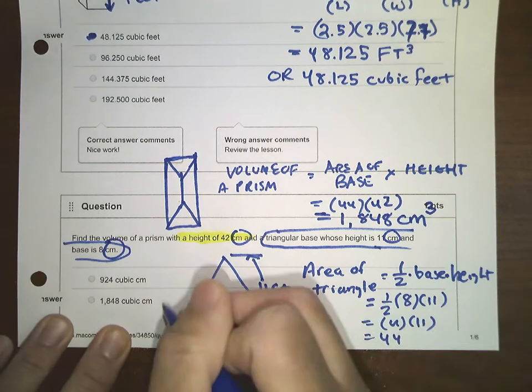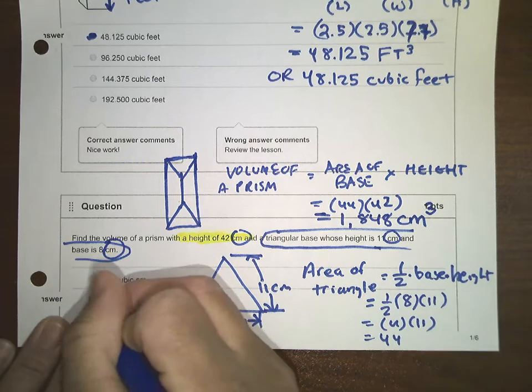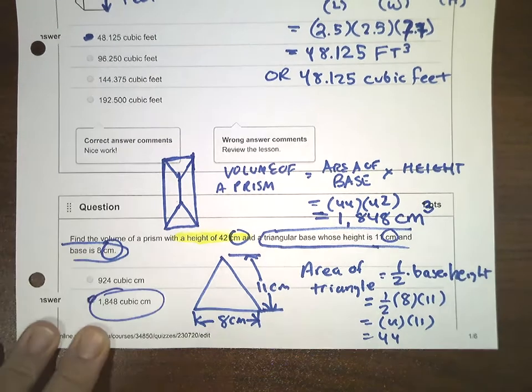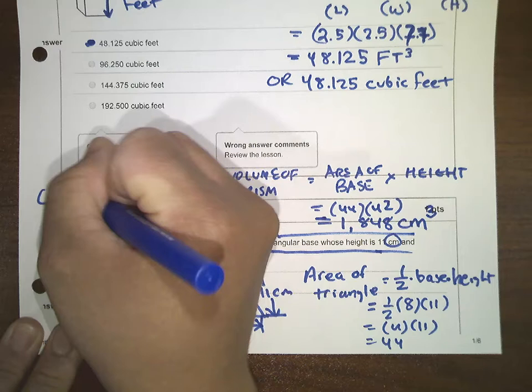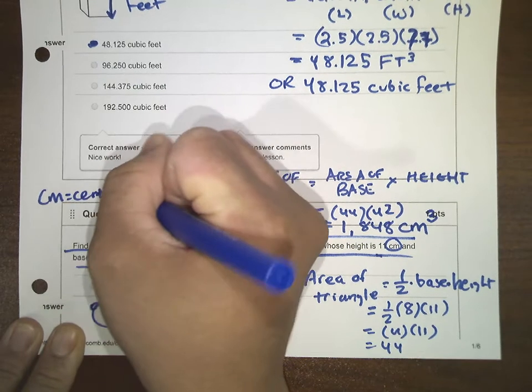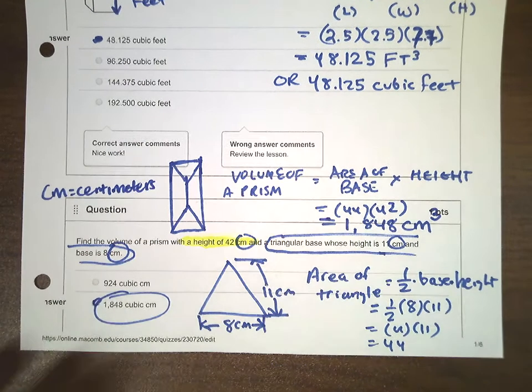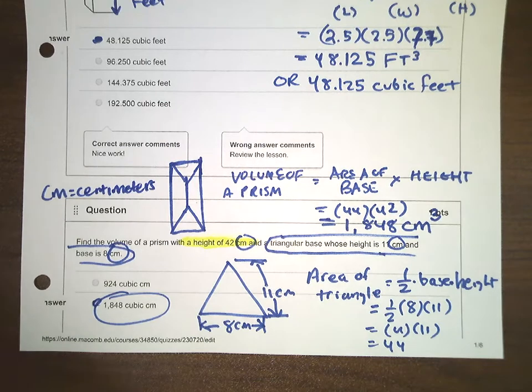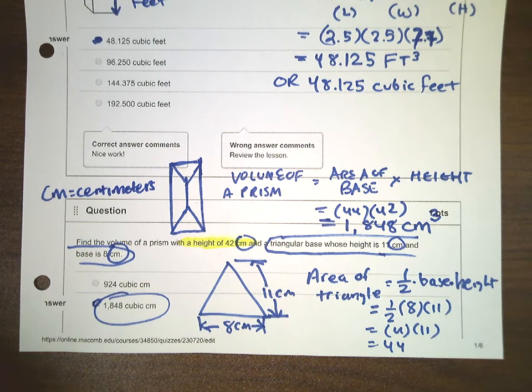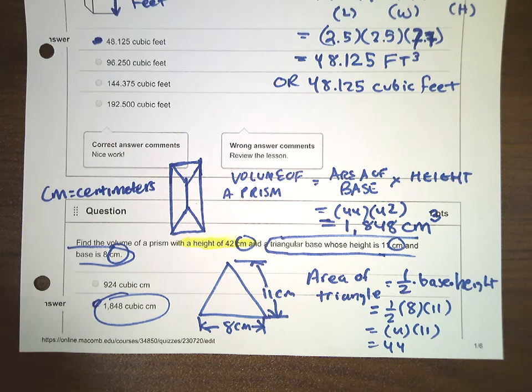Another way to write this is cubic centimeters. Again, cm is centimeters. I'm just reminding you of these abbreviations again so that you know exactly what you are talking about and what you are finding here.